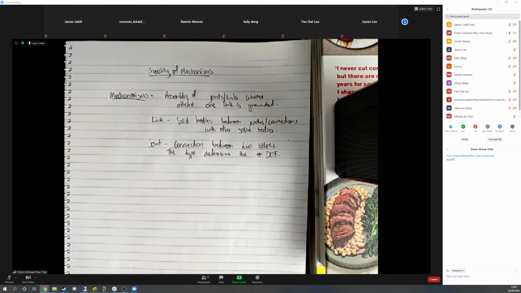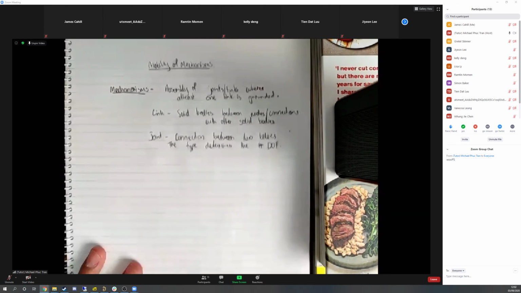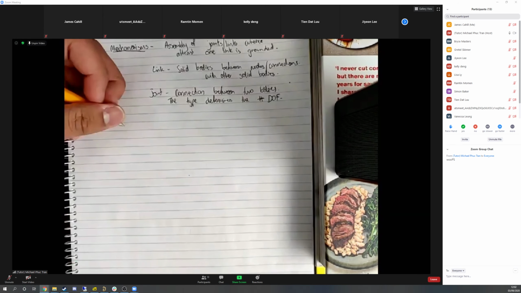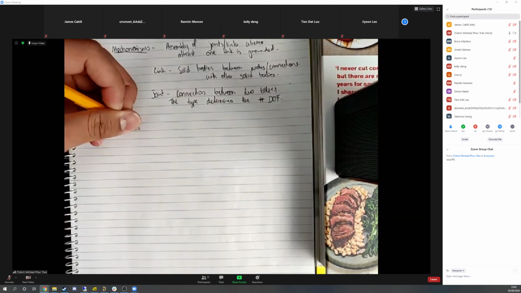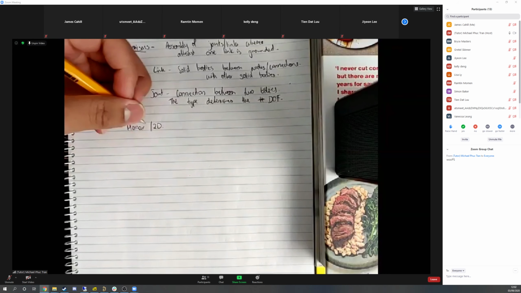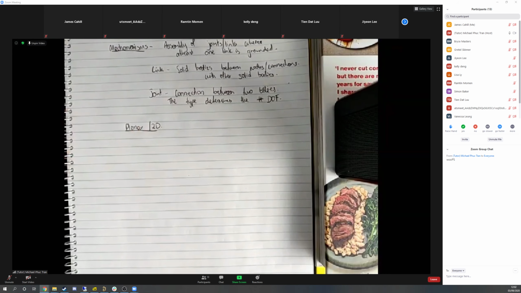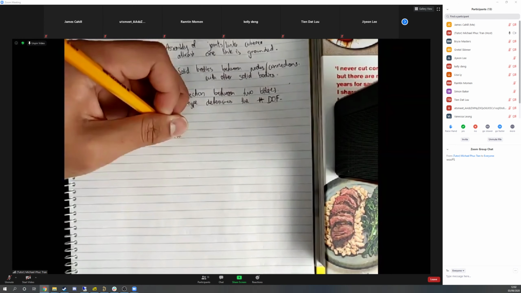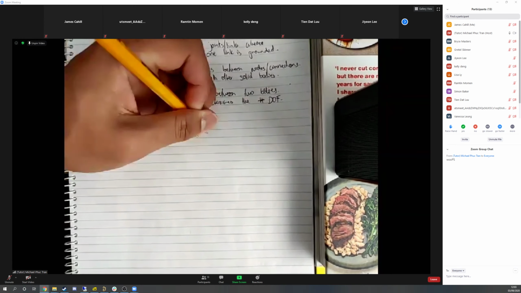Alright, so we're going to split it up into two. One will be the planar or the 2D, and the other will be the spatial or the 3D. So, planar or 2D. And to find the mobility of the mechanism that you have, you can use something called the Kutzbach theorem.